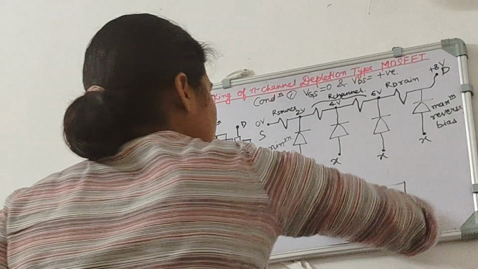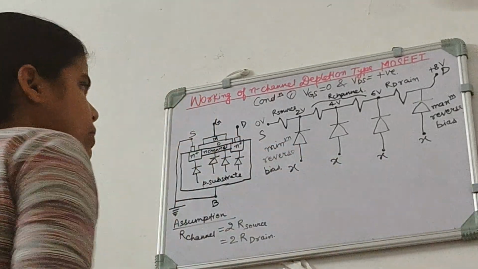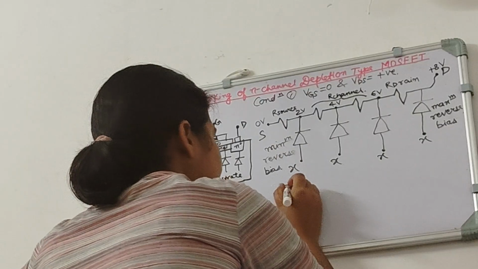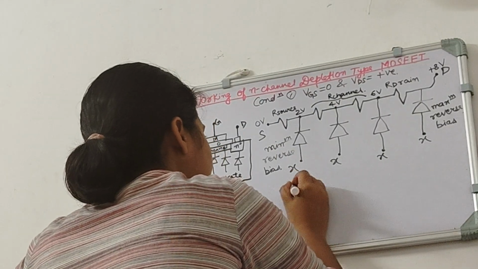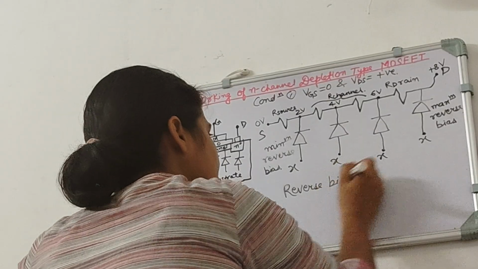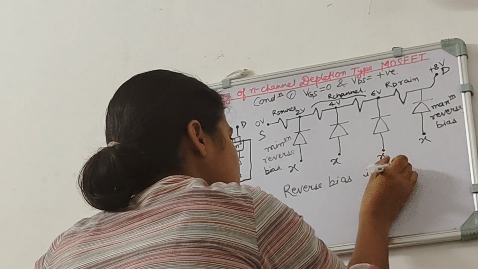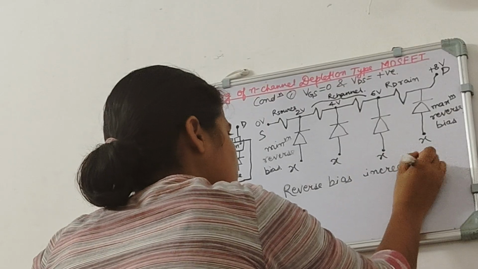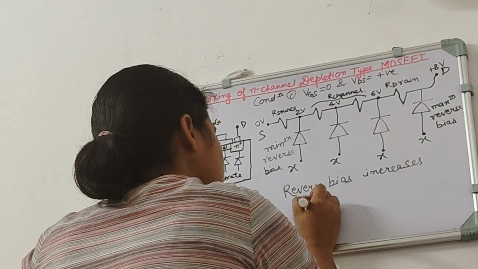Okay. Now we know that reverse bias increases depletion region width.